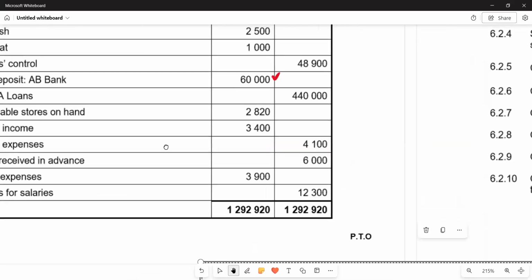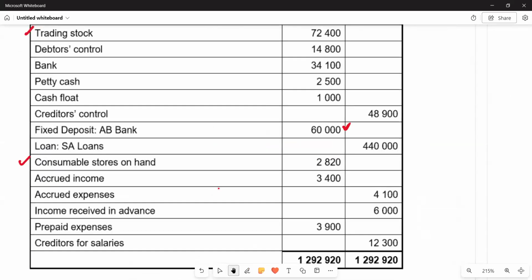After inventory, we go down, we've got debtors control. So debtors control is part of trade and other receivables. So we are going to say debtors control, 14,800. We check for other receivables, we go down, checking for other receivables. We see accrued income is a receivable.